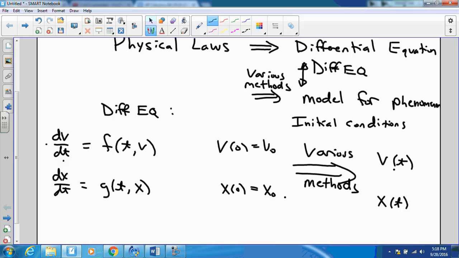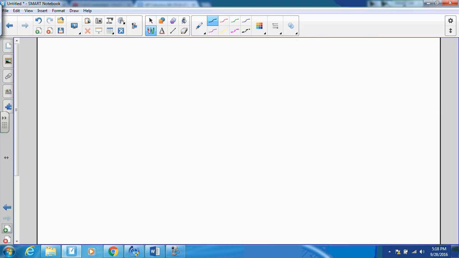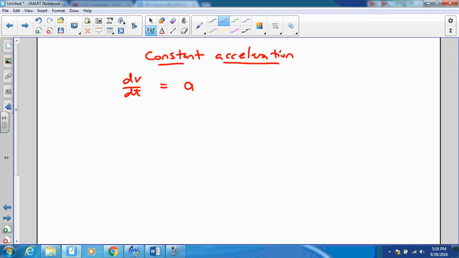Now, what does this look like in practical application? Let's consider a phenomenon that we have talked about before: constant acceleration. In the case of constant acceleration, what we really have is that the derivative of velocity, which is acceleration, is a constant value a.